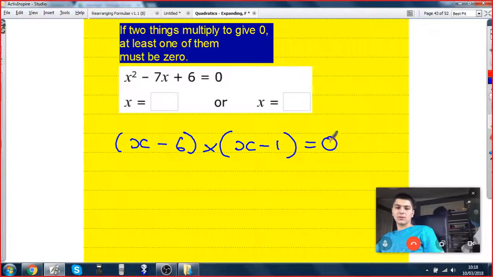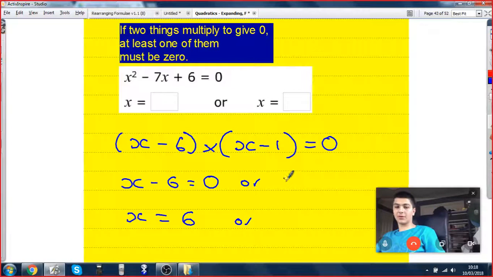And then don't you split those two in half and then you solve them so that they both give the answer equals to 0? Yeah, go on. For the first one you would do x minus 6 equals to 0, and then you take the 6 to the other side so that the answer is x equals to 6. And then for the other bit you would put x minus 1 equals to 0, and then you take the 1 to the other side and you'd get x equals to 1.